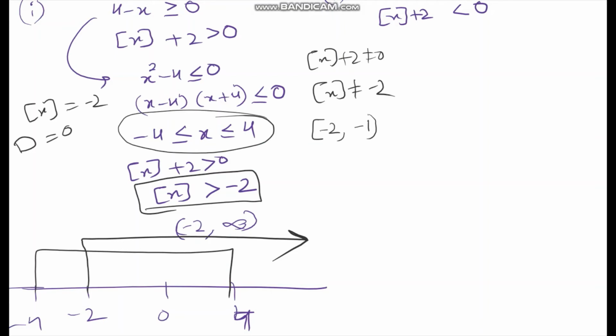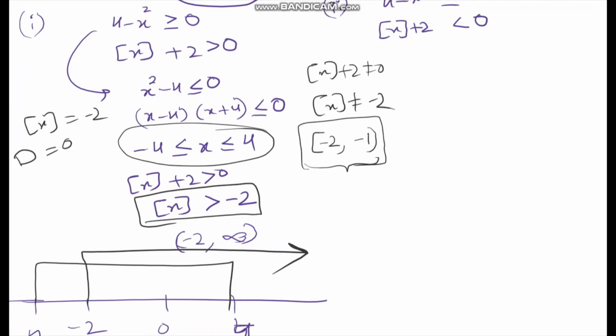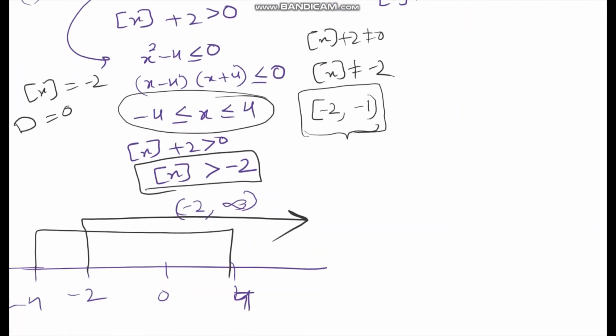In the interval minus 2 to minus 1, step x is always equal to minus 2. So if step x equals minus 2, the function is not defined. So this part here should be eliminated. The first condition is that minus 4 to 4 minus, we need to subtract minus 2 to minus 1.